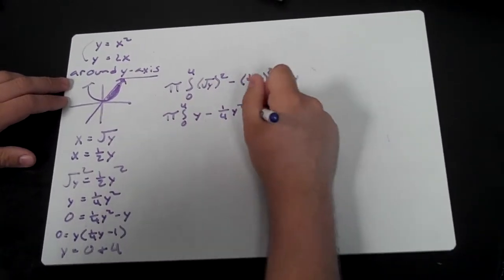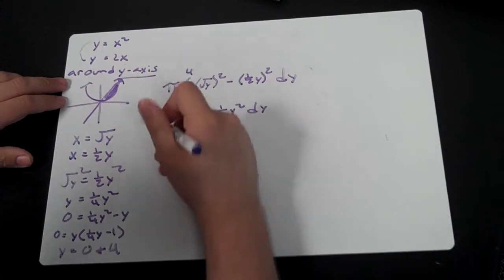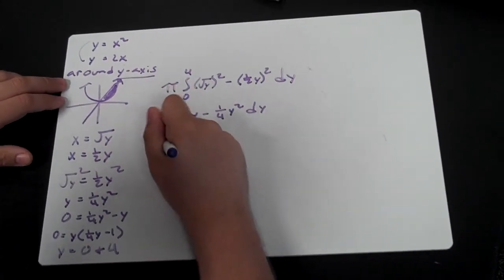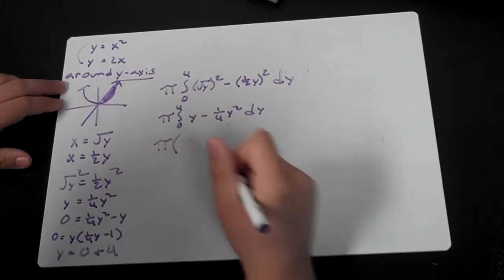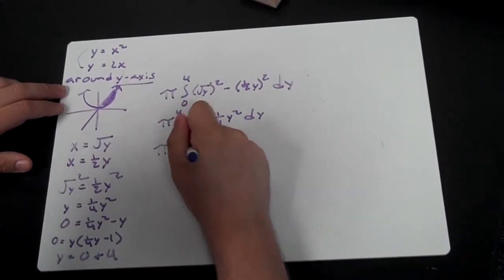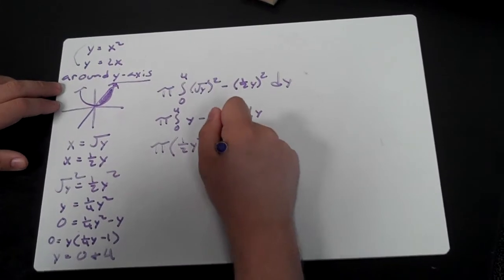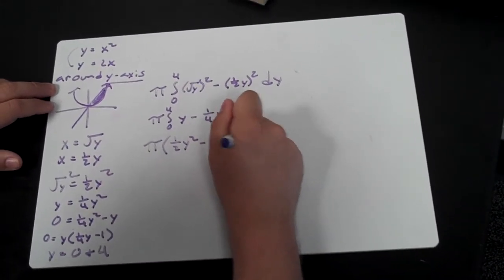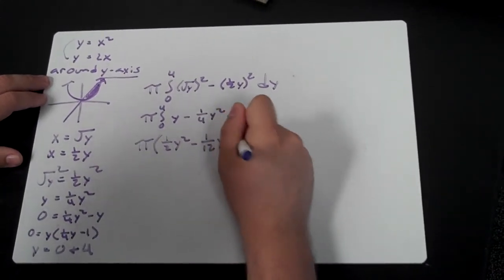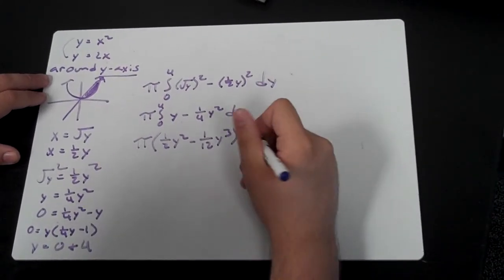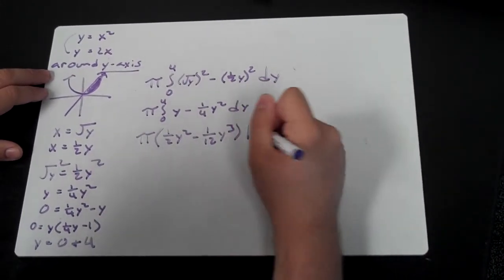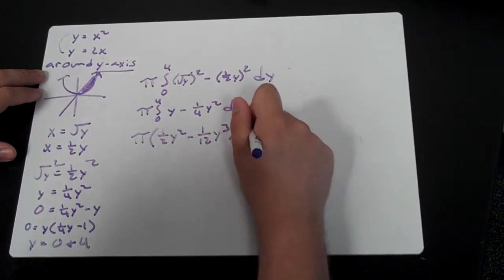Now we can take our integral. So this is going to become pi times 1/2 y squared minus 1/12 y cubed. Don't need c since we're finding the definite integral, and that's going to be evaluated between 0 and 4 again.